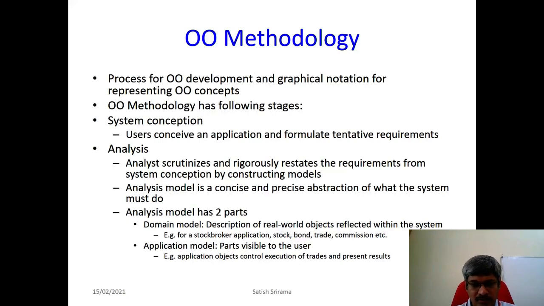You have to model all of them. The application model consists of the parts which are visible to the user. Going with the same example, these application objects control the execution of the trades, and these values will be presented to the user. This is the second stage of object oriented methodology.